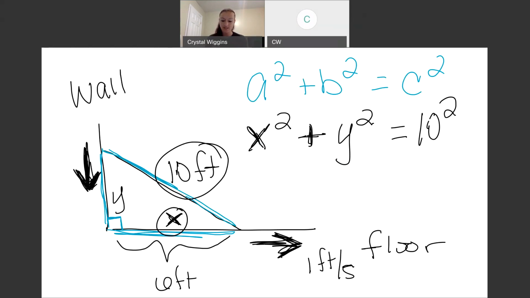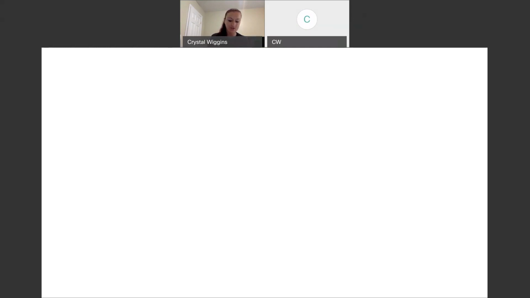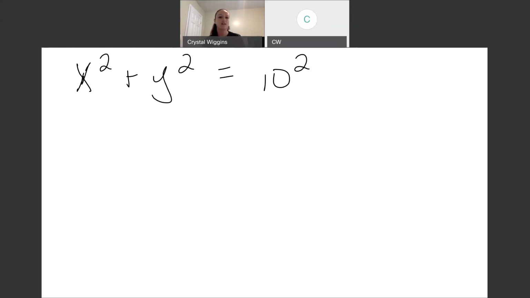So now let's take a look at our starting equation, which is x squared plus y squared is equal to 10 squared. And now that we have our equation, we will follow our steps. Our steps now are to take the derivative and treat every variable that is changing in the problem as a function.